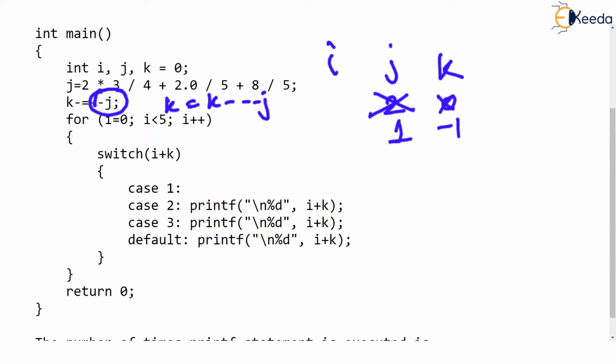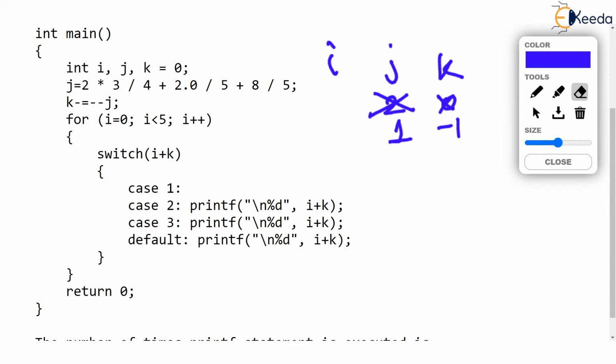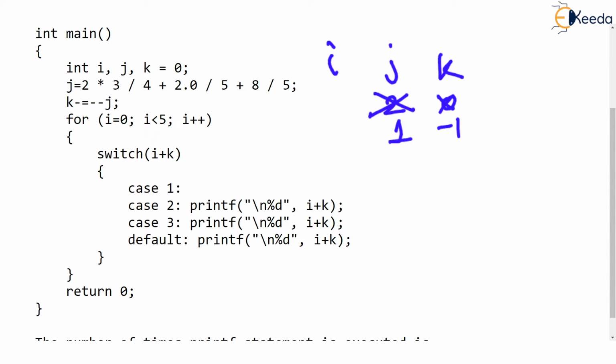Okay. Now there is a for loop within which there is a switch. So what's the for doing? For says start I with 0. Okay, I am noting I is right now 0. And when the loop runs, it checks what is the value of switch (I + K). Now clearly switch (I + K) means 0 + (-1) because K is -1.